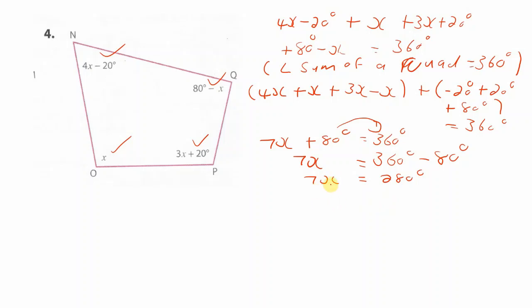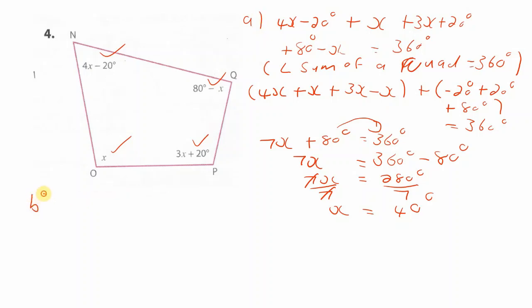We don't want 7x, we want x. Divide by 7 so that the 7s cancel. Whatever we do on the left, we do on the right. 7 goes into 28 four times, we still have the 0, so x is 40 degrees. So we are done with A, where we had to calculate x.